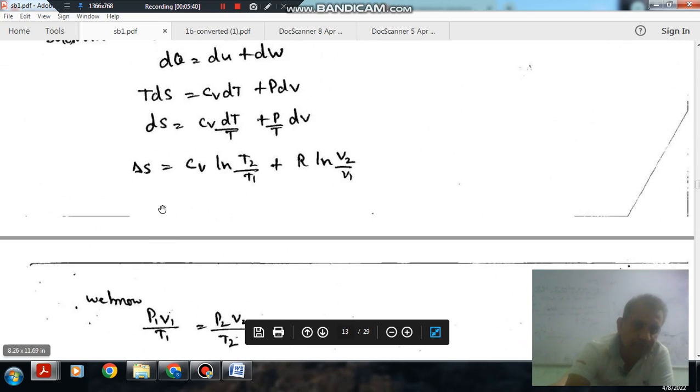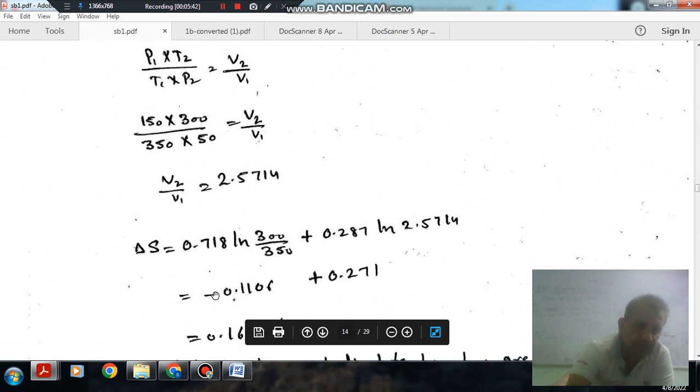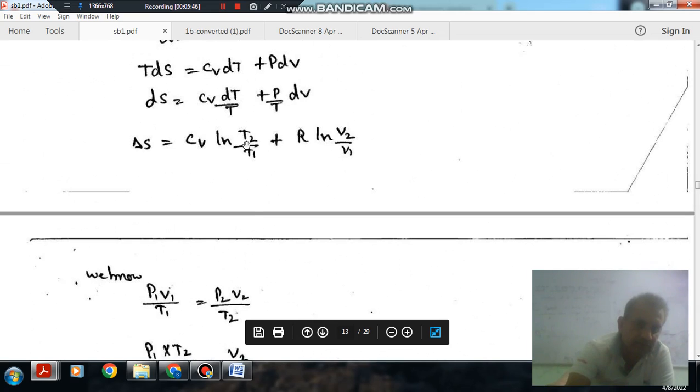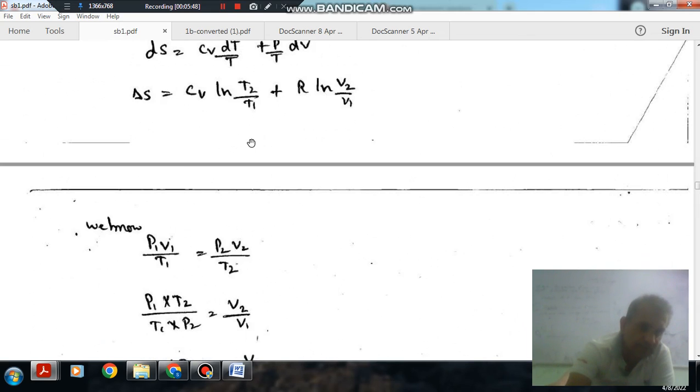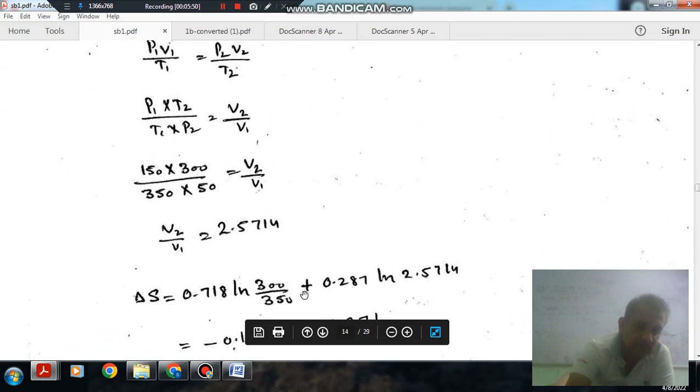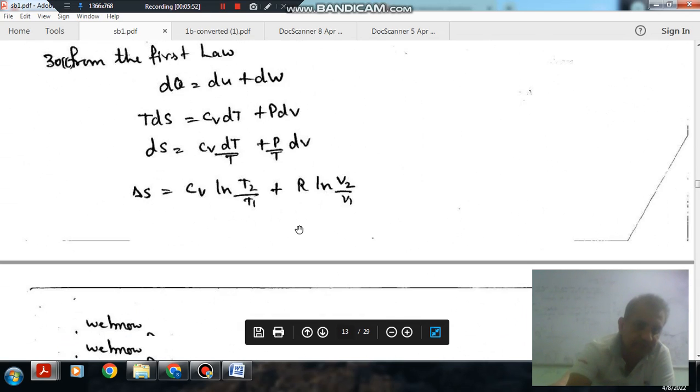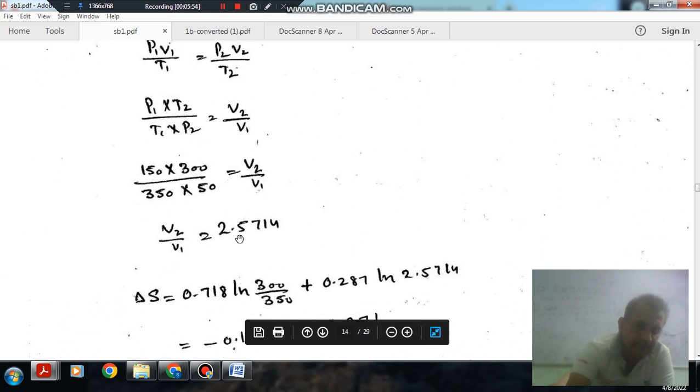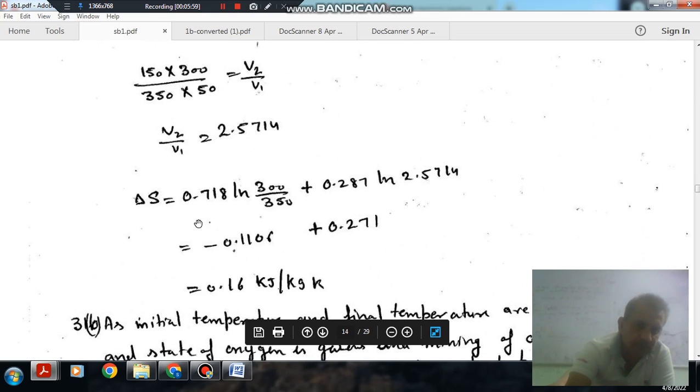Putting the values, Cv as 0.718 ln of T2 by T1, which is 300 by 350, plus 0.287 ln 2.5714. If we solve it, then the entropy change comes out as 0.16 kilojoule per kilogram per Kelvin.